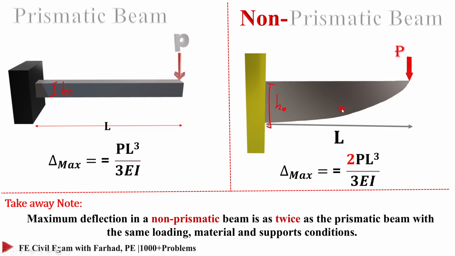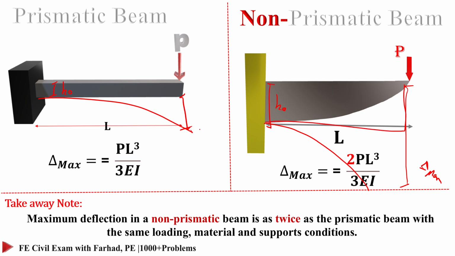So we can simply expect that this beam, under the same loading, has more downward movement, delta maximum, in comparison to the complete rectangular one. So this is delta maximum. So this is more solid in some sense.